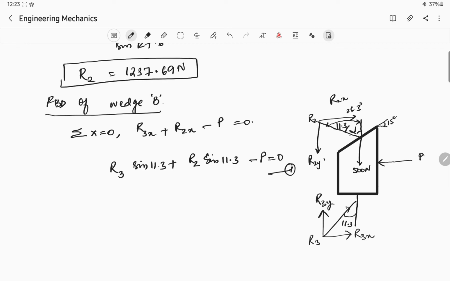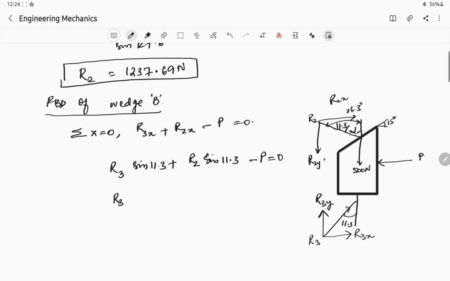Equation number 1. Otherwise, we'll simplify this one. We have the value of R2, right? So R3 sine 11.3, you will get it as 0.195.